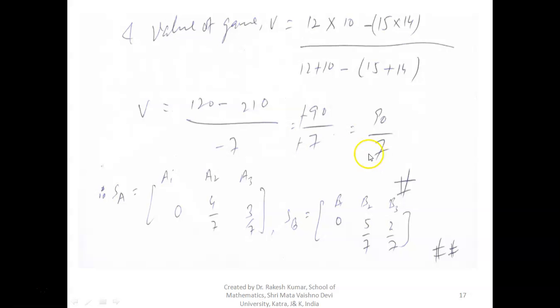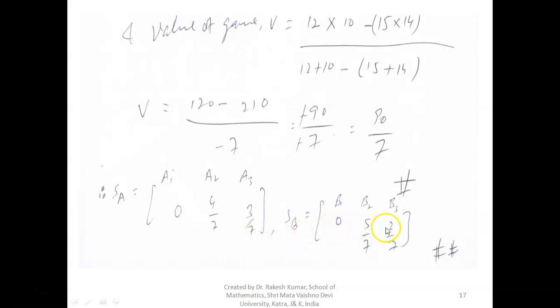Hence we have solved this game by using the principle of dominance, and the optimal strategies for players A and B are given by this: SA is A1 with 0, A2 with 4 by 7, A3 with 3 by 7. It means he should not choose strategy A1 because its probability came out to be 0, and he should choose strategy A2 with probability 4 upon 7 and A3 with probability 3 upon 7.